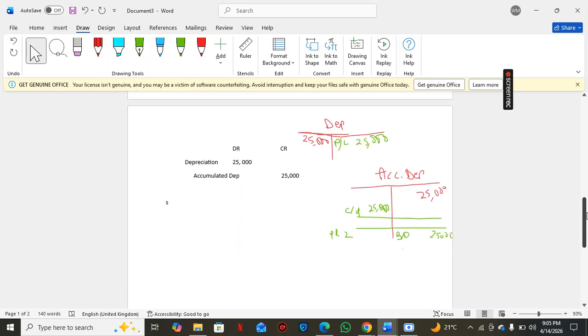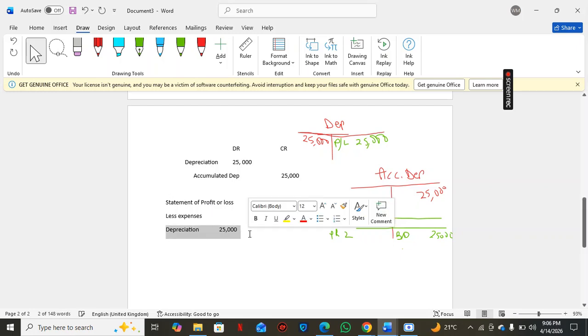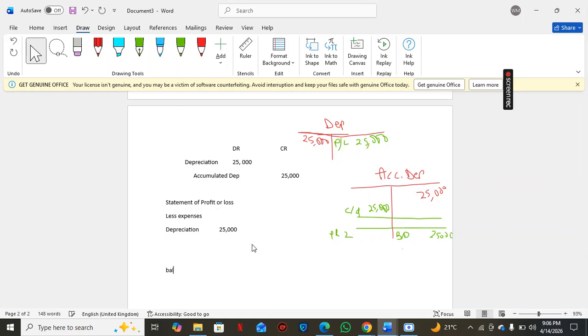You're just going to put under expenses, depreciation, 25,000 kwacha. Every year until 10 years pass, year one, year two, year three, depreciation will remain the same. 25,000, 25,000, 25,000.